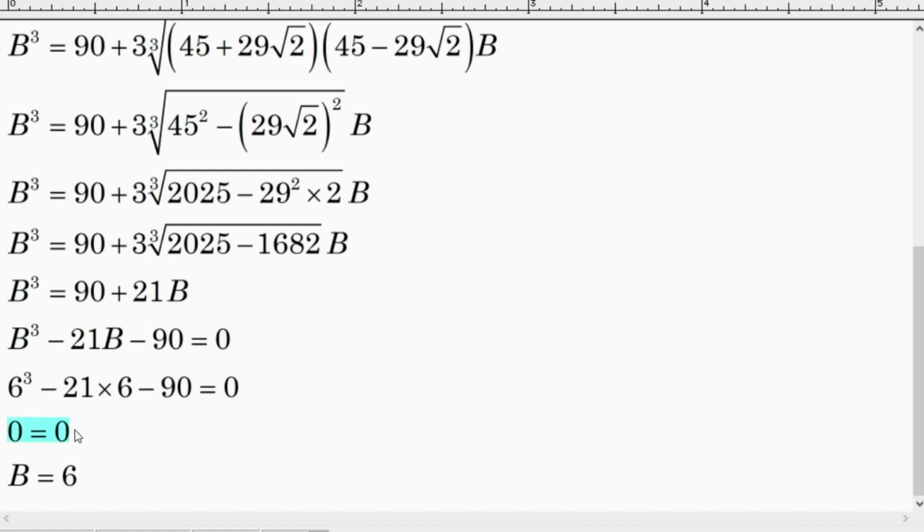Now the equation is satisfied, and b equal to 6 is the root of this equation.